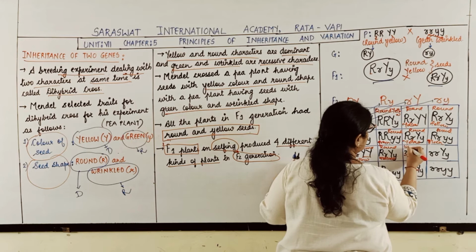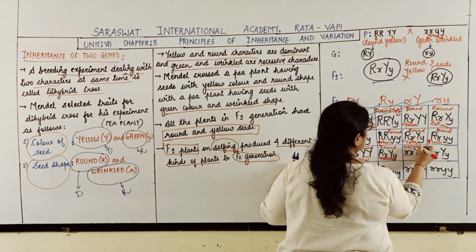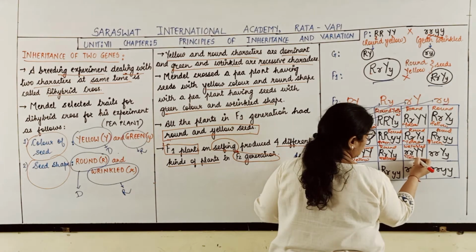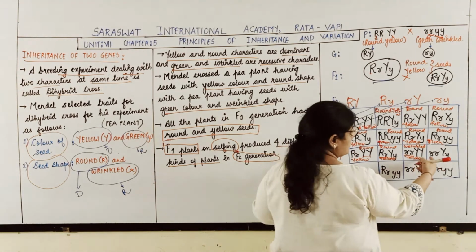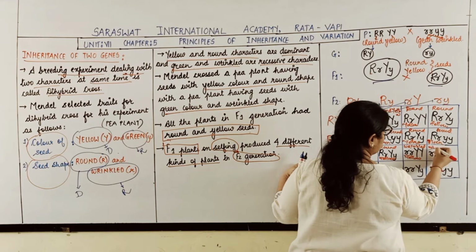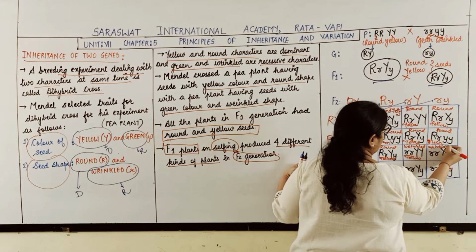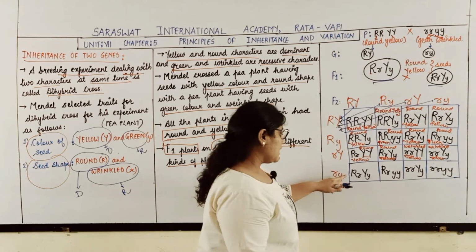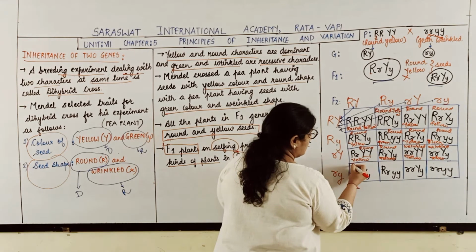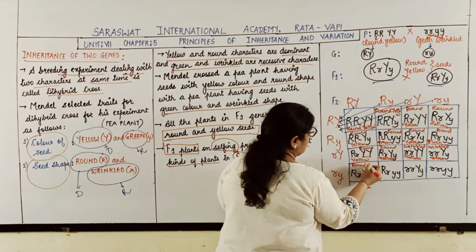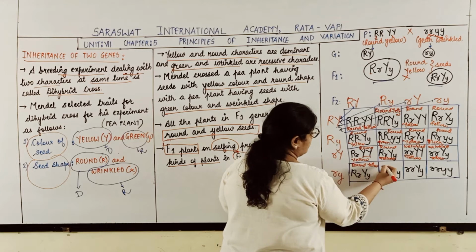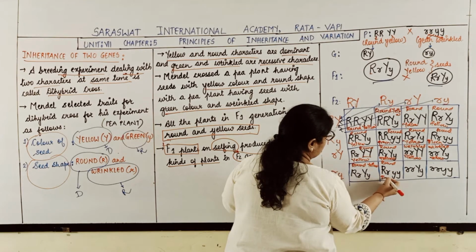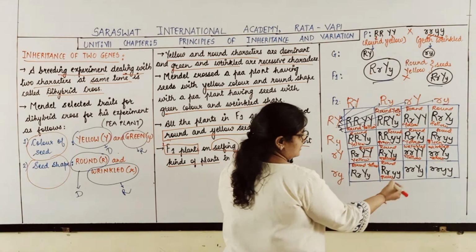So students, this is wrinkled, and capital Y stands for yellow. Similarly, again this is wrinkled, and here it is yellow. Same way, here round, yellow. This is round. This too stands for green.